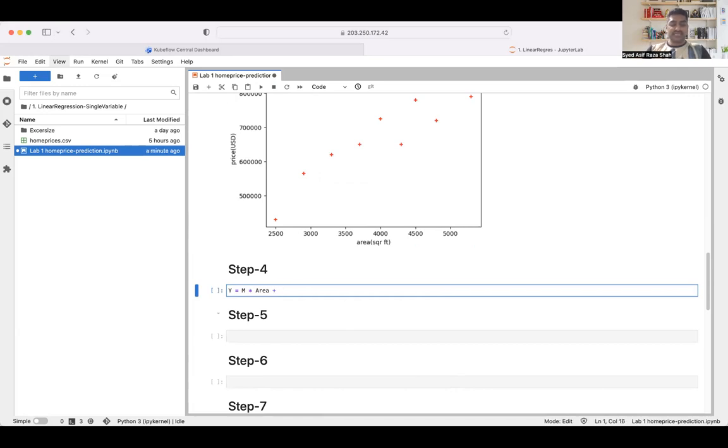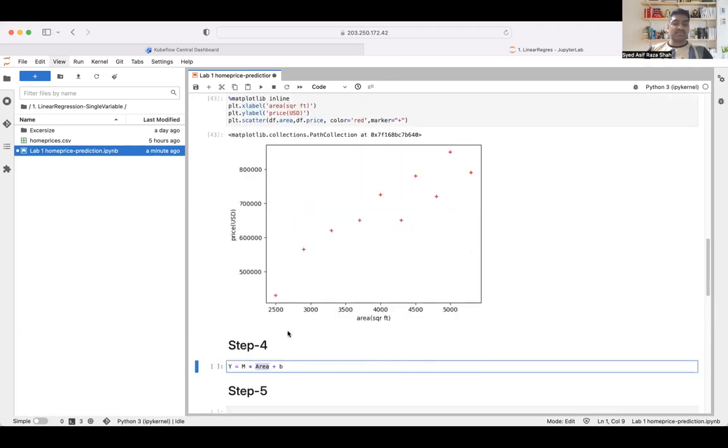So m is our coefficient or slope, b is our intercept, and area is what we have to separate from the price, because we want to give the area and y, and then we can train the model.